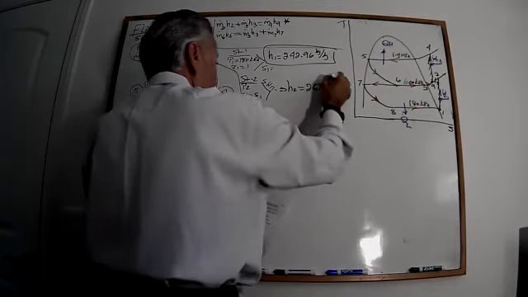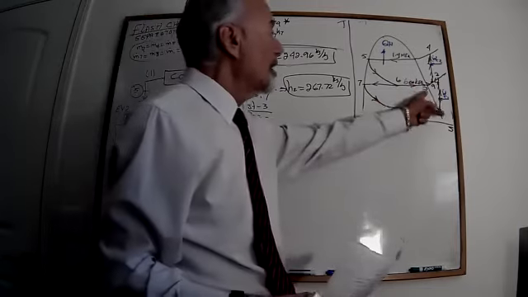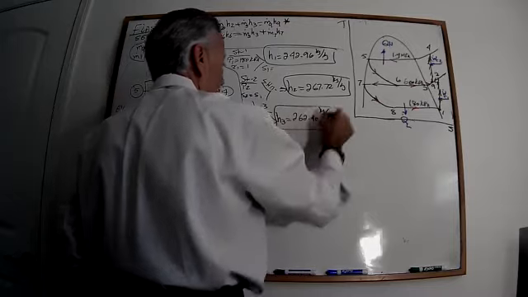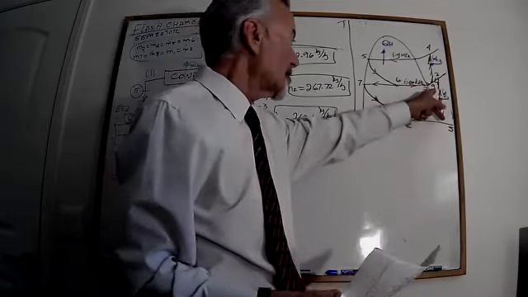At state 3, we have P3 and X3 is equal to 1 again, because point 3 is located on a saturated vapor line. So this is H of g. Here also going to be H of g. H3 in this case would be 262.40 kilojoule per kilogram. I don't have any information at this point for state 9, so I leave it alone.